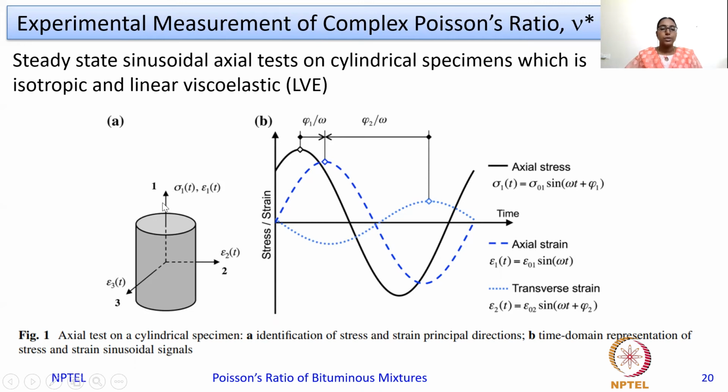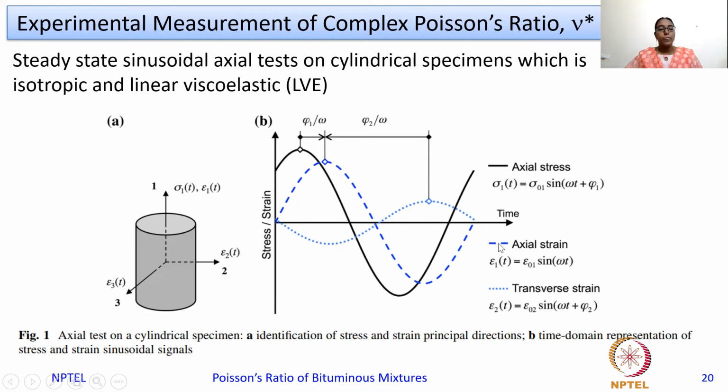In the longitudinal direction 1, it is subjected to a stress function of sigma 1 t is equal to sigma 01 sine omega t plus phi 1. We have the strain in the same direction given by epsilon 1 t, and the strain in the other two directions, or the diametral directions, given by epsilon 2 t and epsilon 3 t.